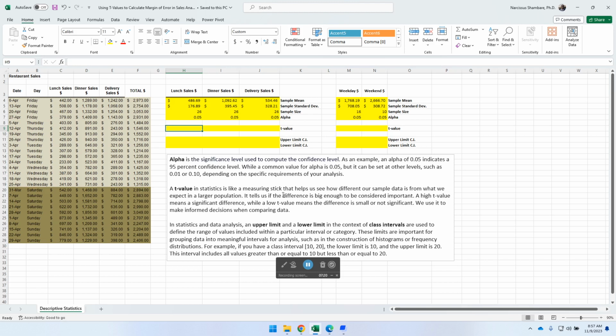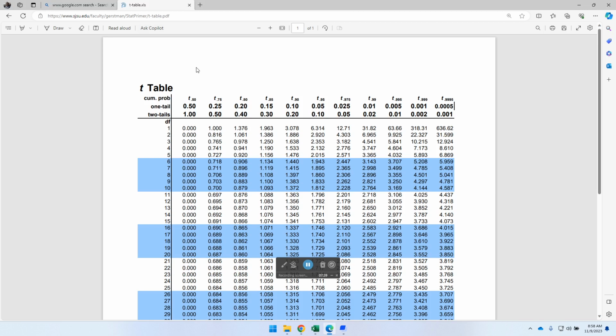Any statistics book, finance book, or accounting book is likely to have a table of t-values that you can read. Or you can even go on the internet and look up a table for the t-value. In this particular case, I've just gone on the internet, and there's a t-table available here for me.